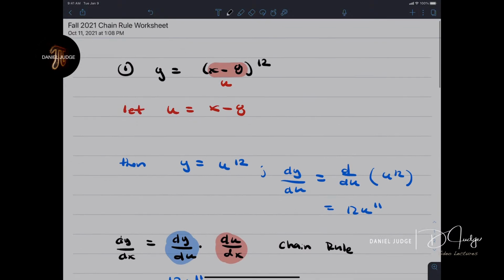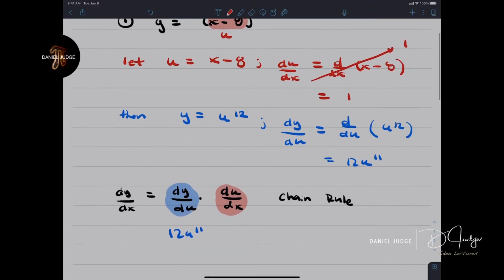But we need du dx. So du dx is the derivative with respect to x of x minus 8. And this derivative is 1. So this would be times 1 now.